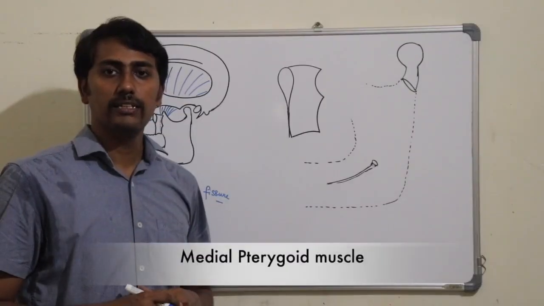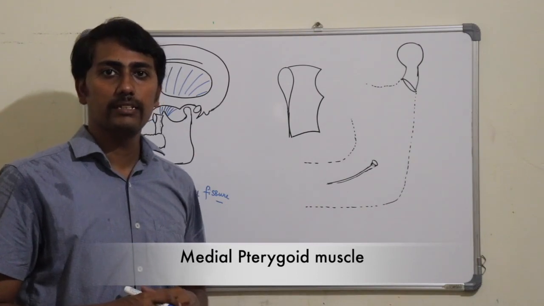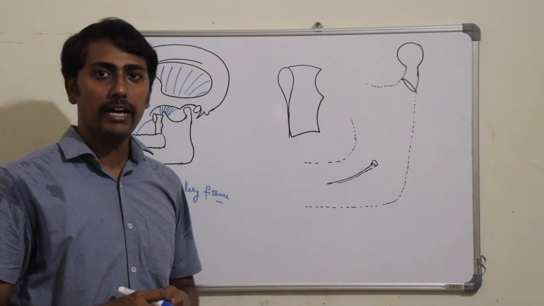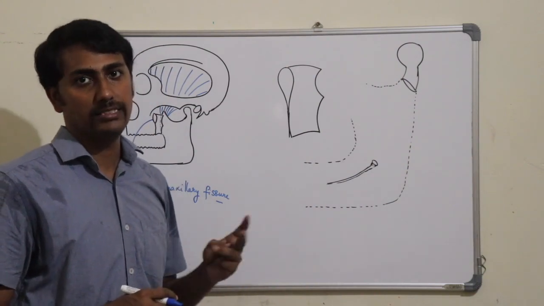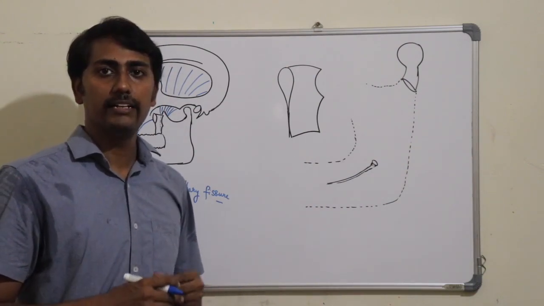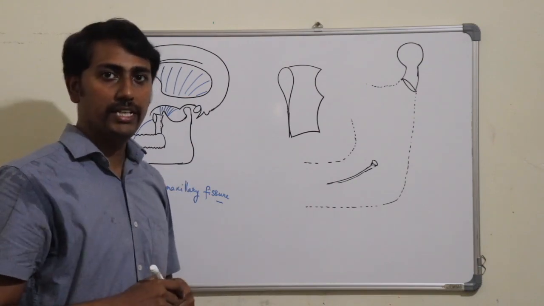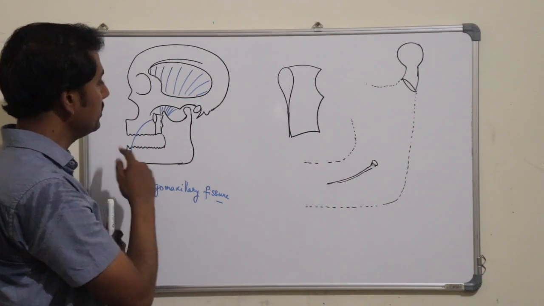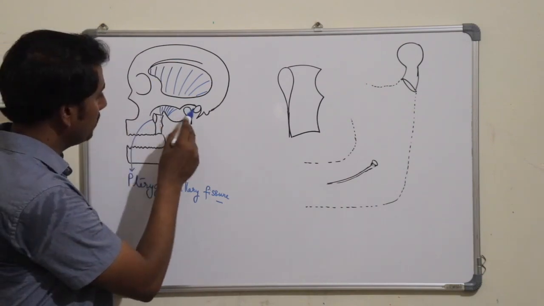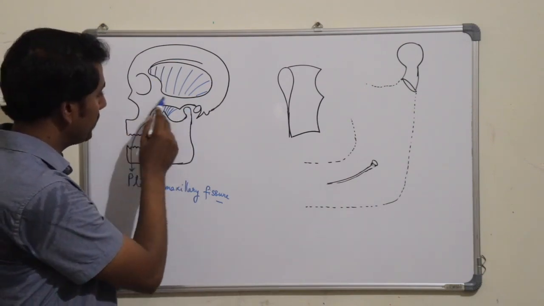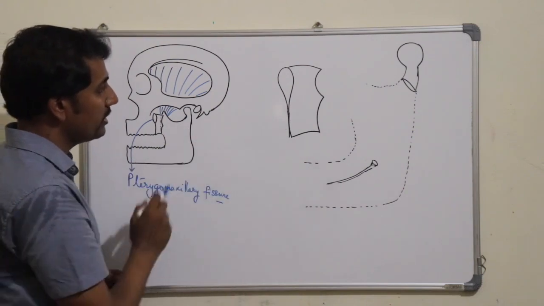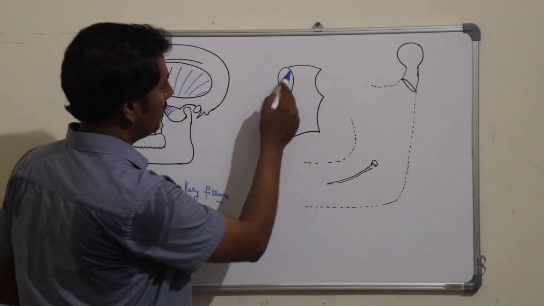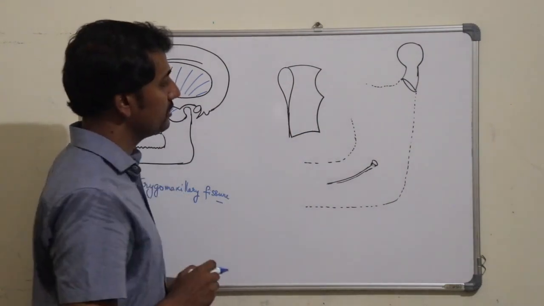Now the fourth muscle, that is the medial pterygoid muscle. The medial pterygoid muscle is quadrilateral in shape and arises by two heads, a superficial head and a deep head. To understand the medial pterygoid muscle, let us again see this lateral view of the skull. We are enlarging this part of the lateral view of the skull here, in which we can see the pterygomaxillary fissure, the lateral pterygoid plate.